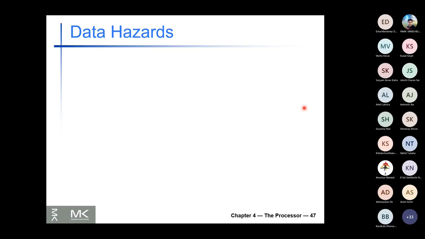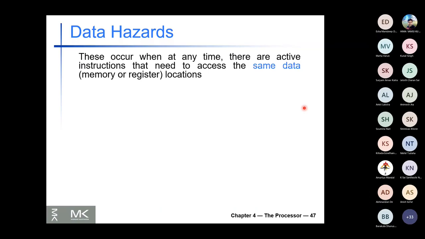All right, now let us move on to data hazard. This is a very important class of hazard, and management of data hazard is really complicated. It needs a lot of hardware tricks, and there are very nice concepts. So what would be a data hazard?